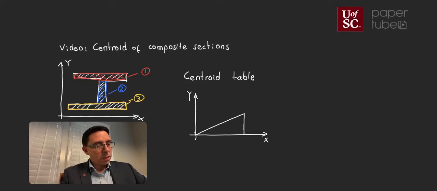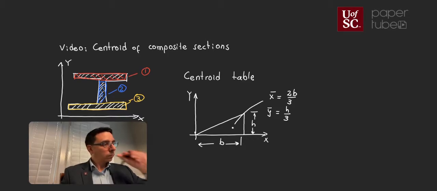If this is B, and this is H, the centroid is somewhere in here. And it says that my x bar is 2b/3 and my y bar is h/3. So that might sound familiar too if you look at the video that I did before.